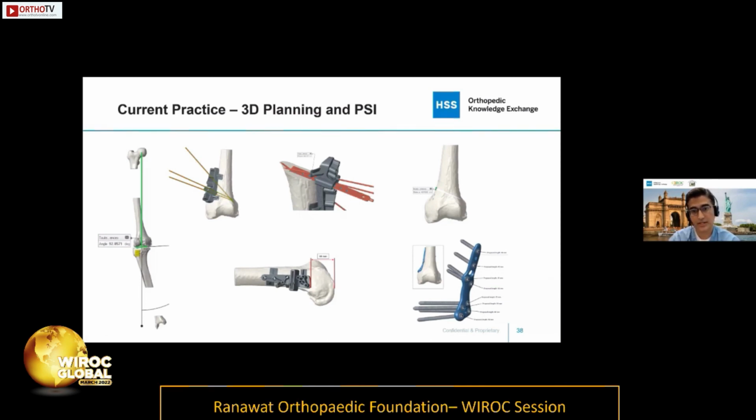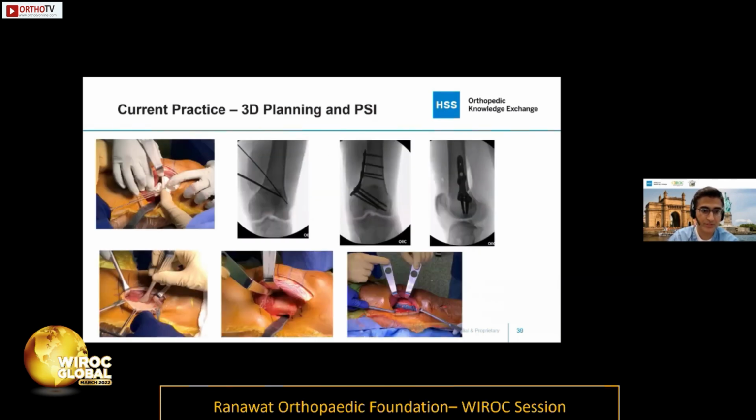And really, Dr. Olivier and his group have shown the reproducibility of this technique. And therefore, it's been a fairly easy decision for me to shift to this technique. Here is a picture showing me doing a medial closing wedge distal femoral osteotomy with, again, my exposure at the bottom, the PSI guide going in, the sort of images I get with the hinge wire protecting me, and then the final product with the plate put in.